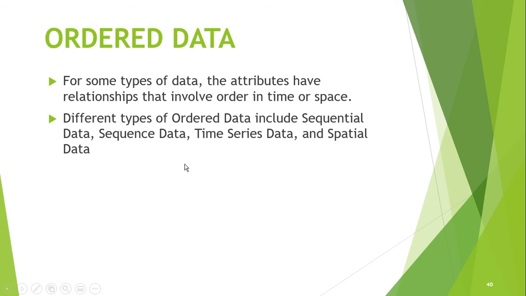It may be according to time or according to specific order, like in some cases alphabetical, ascending, descending, or with a specific structure that you have to follow. Different types of ordered data includes sequential data, sequence data, time series data, and spatial data.